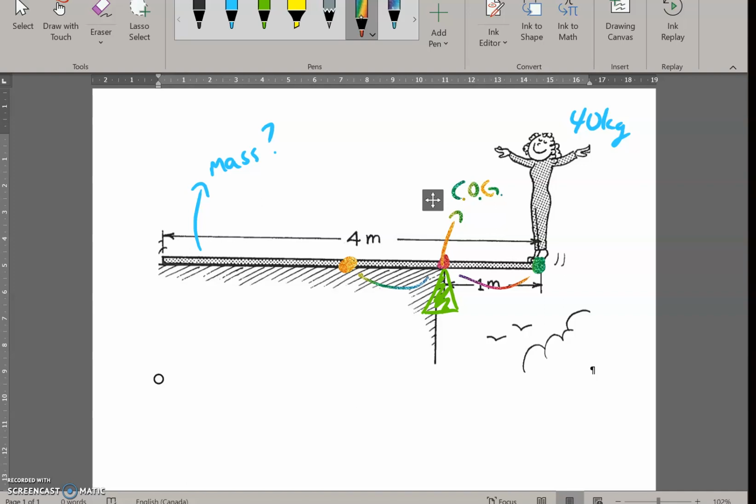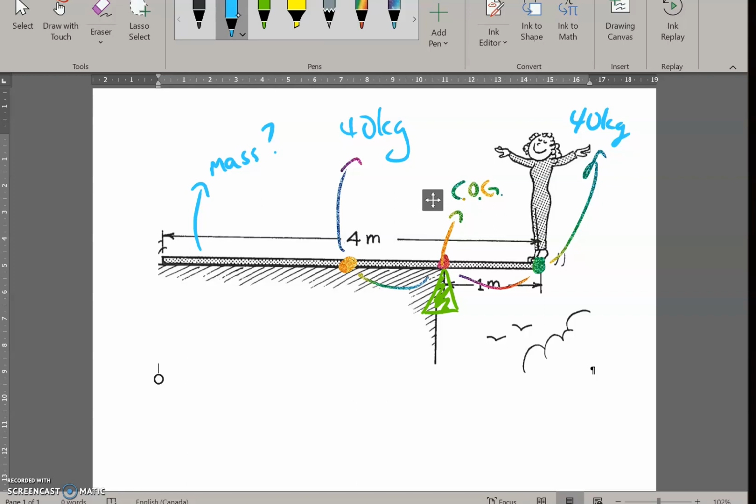If this is balanced, with one center of gravity here and one here, the two must be equal to each other, which means if this center of gravity represents 40 kilograms, this one must also represent 40 kilograms, which means the board is actually 40 kilograms.